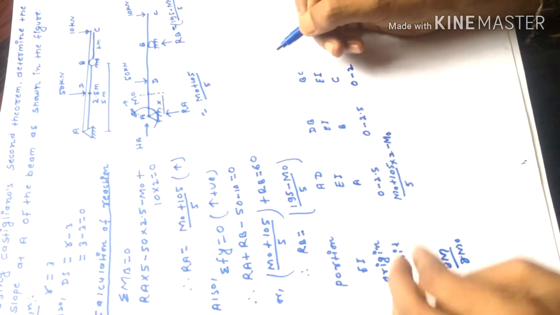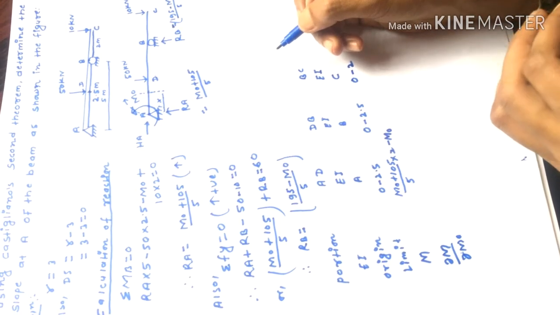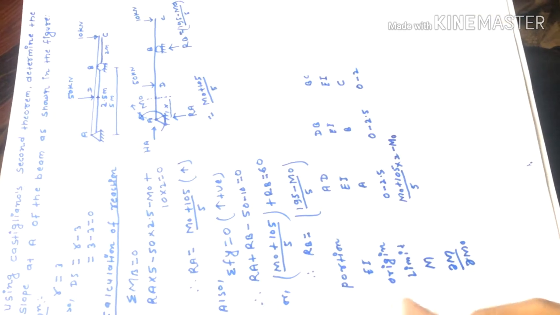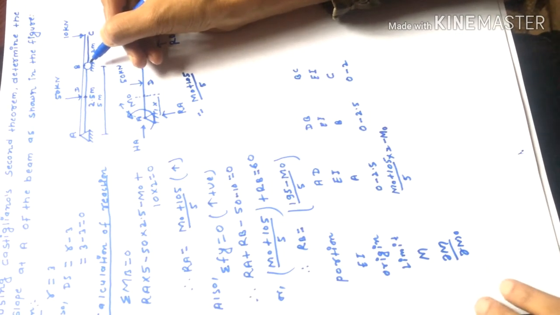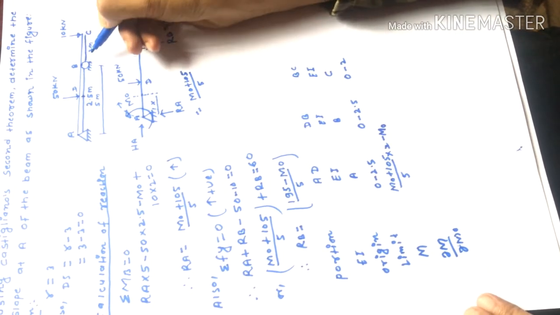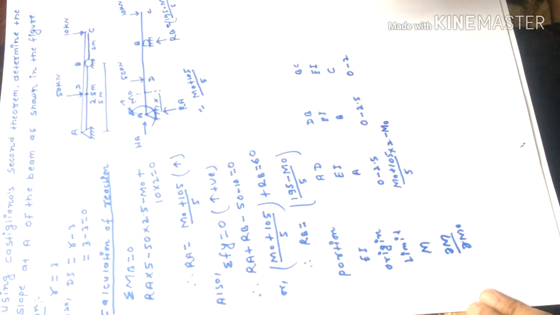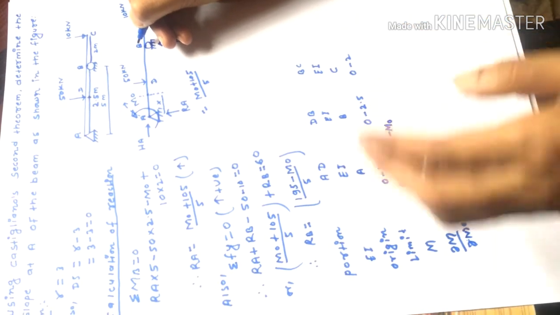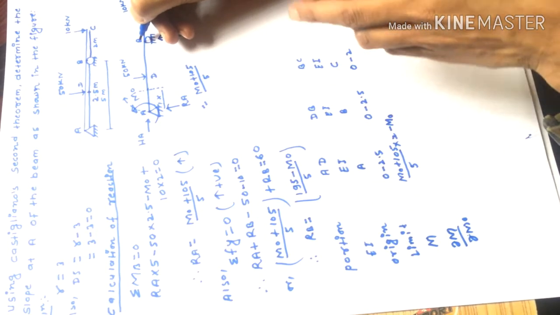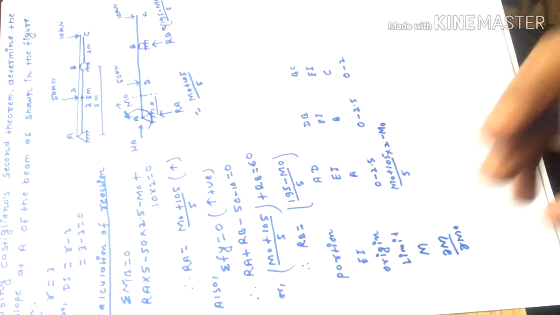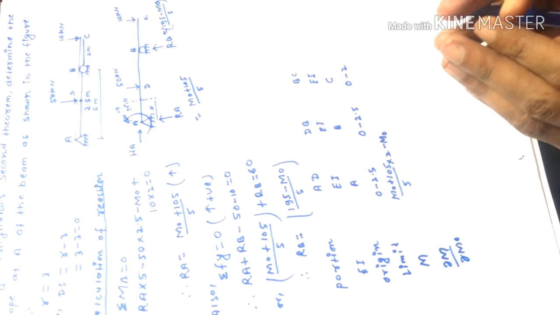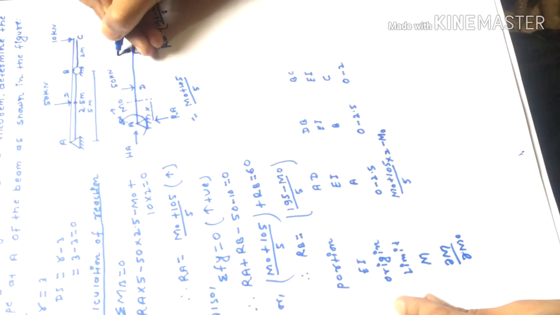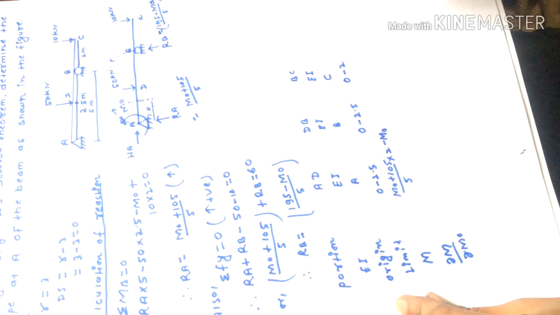Similarly, let us calculate the bending moment in portion DB. Here in portion DB, B is our origin, so we have to move from right to left, so take anti-clockwise moment as positive and clockwise moment as negative. This reaction RB will rotate this figure in anti-clockwise direction.